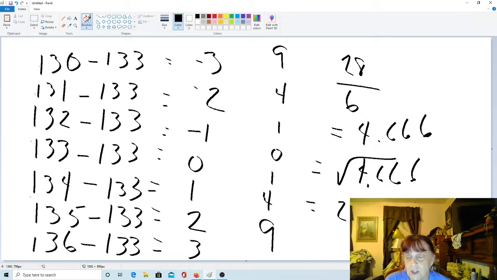Z-scores can be used to scale grades in a class with a large number of students. It might be possible in a small group of students, I don't know. I've never used z-scores to scale grades, but that's one thing you could do with them. Z-scores are used in other ways too, but we don't teach z-scores in this course.